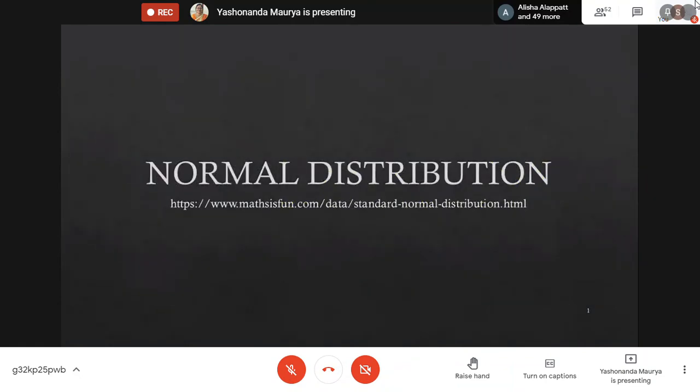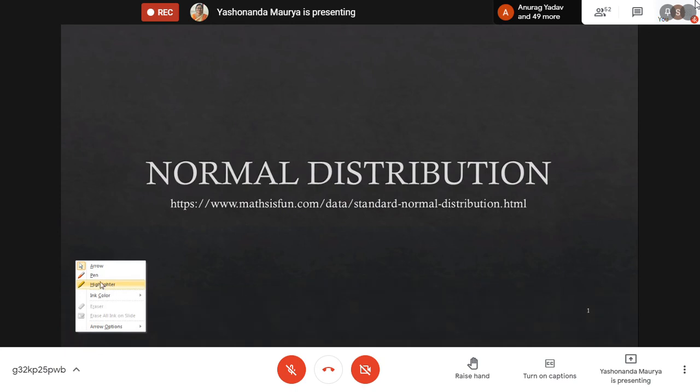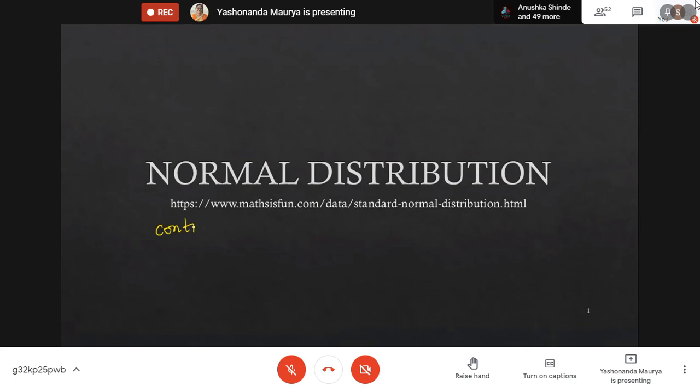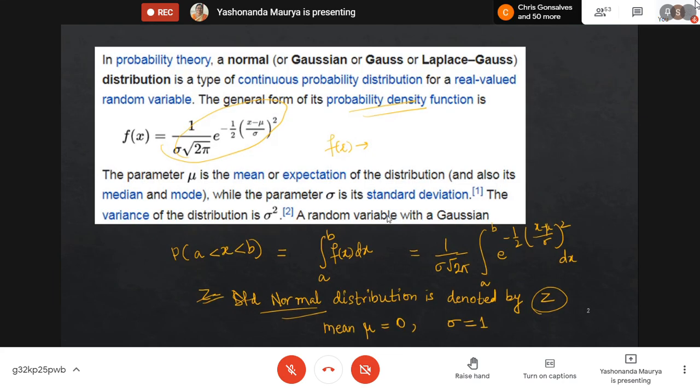We have seen the normal distribution, it's for continuous variables. Then what we have is the expression for the probability density function for the normal distribution.